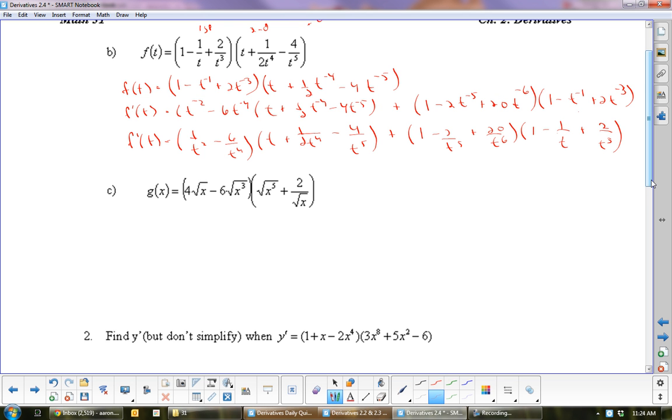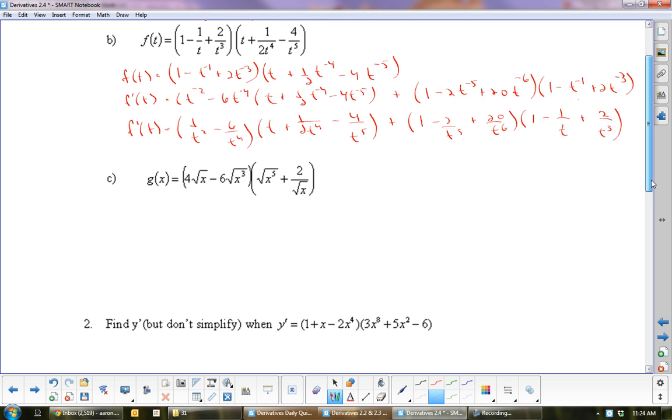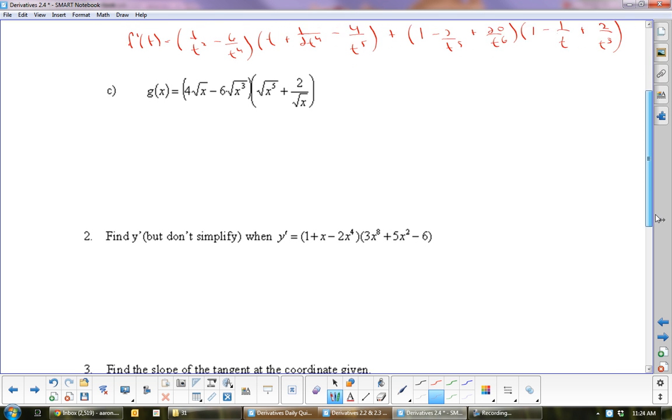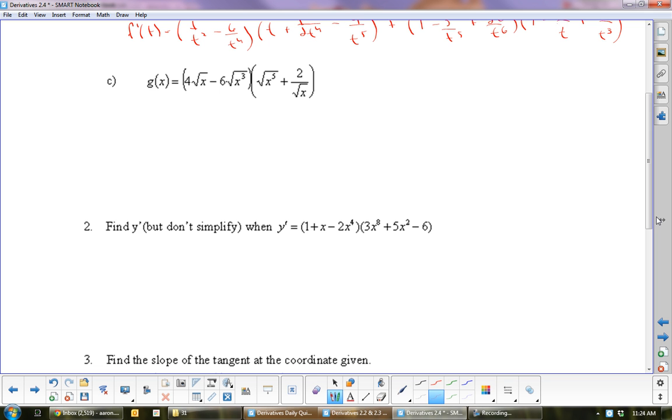Okay, we should do C just because it's just ugly. So G prime of x.